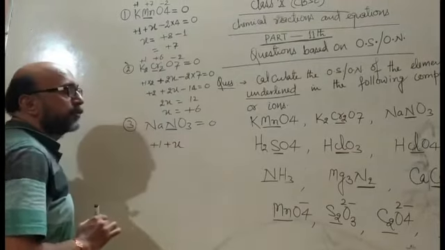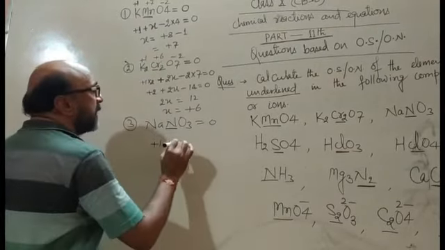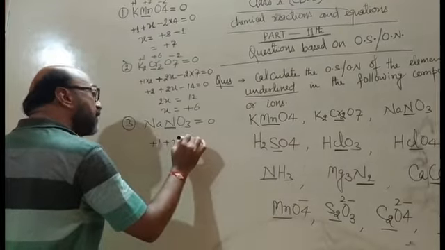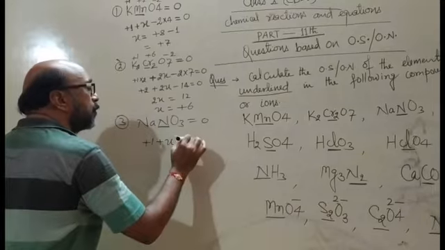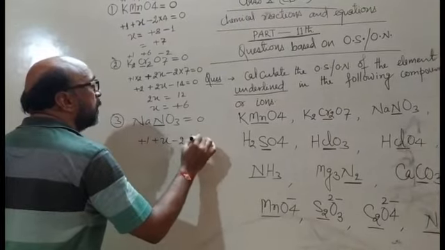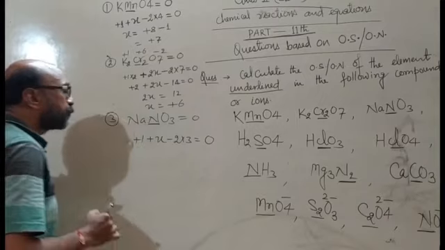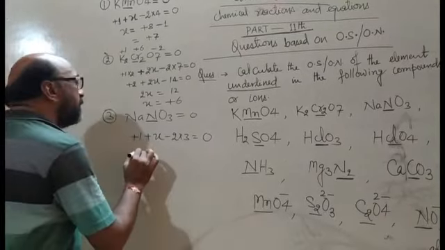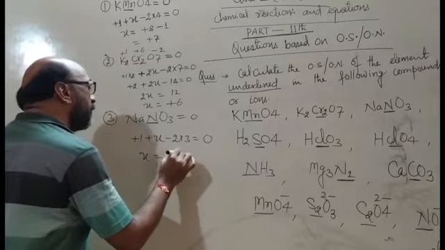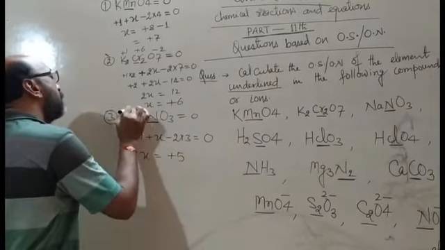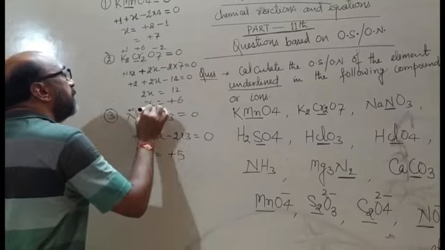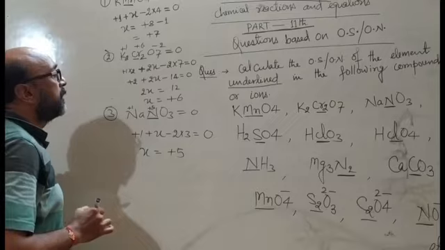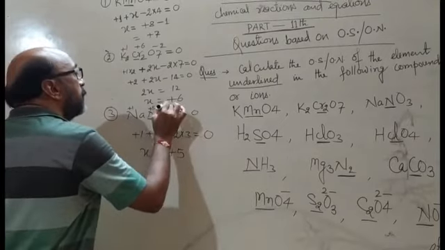Let the oxidation state of nitrogen be X and the oxidation state of oxygen, as we have learned in the rule, is -2 multiplied with 3, and the total sum is 0. Calculate the value of X, it is +5. Indicate all the oxidation states per atom of the element in the given compound like this.